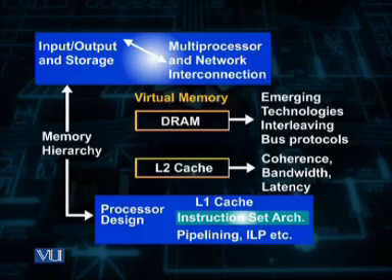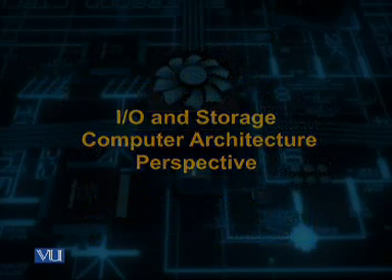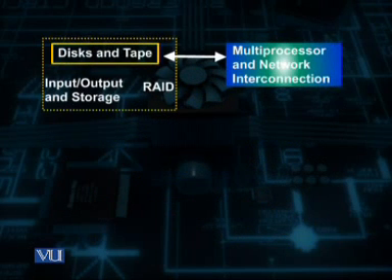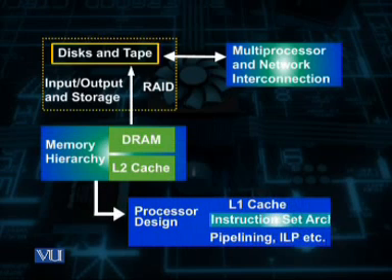The third perspective of the system is the I/O devices, how these devices are interfaced with the microprocessor and with the other parts of the system. So this basically deals with what type of I/O devices are being used.